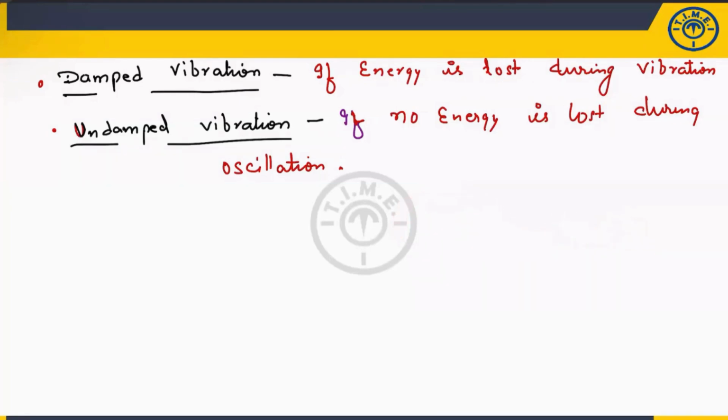Now, there are some other important things. The first one is degree of freedom. What do you mean by degree of freedom? That means how many coordinates are required to define the vibration system.